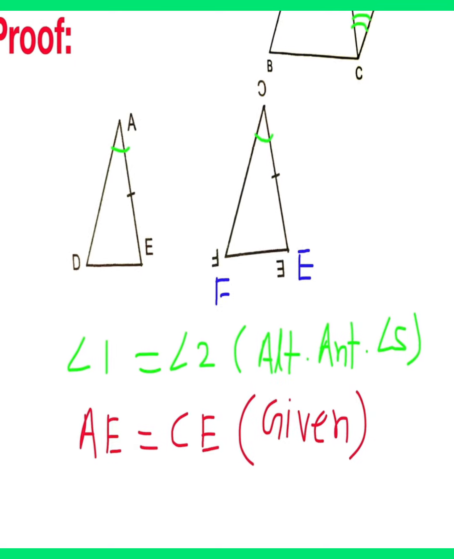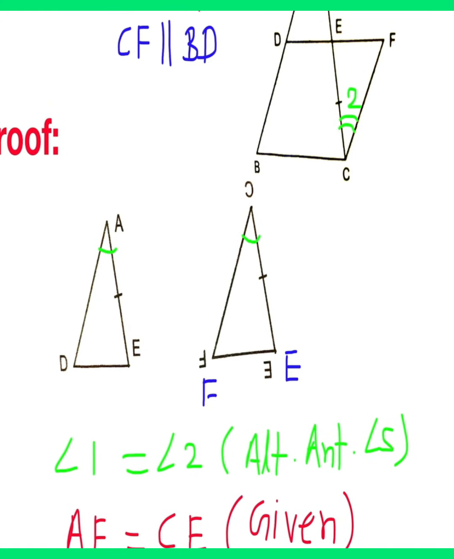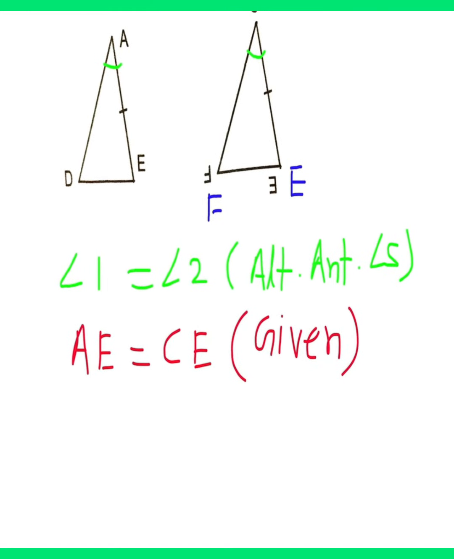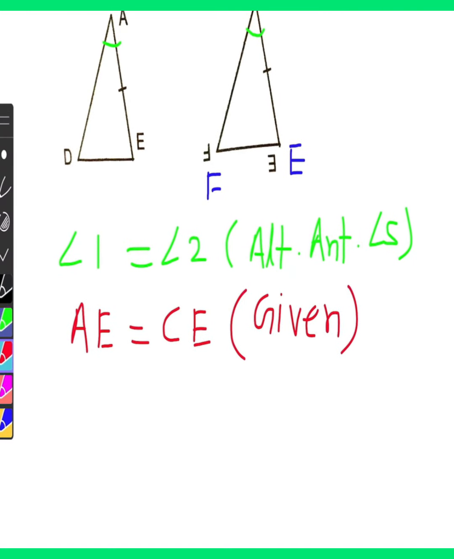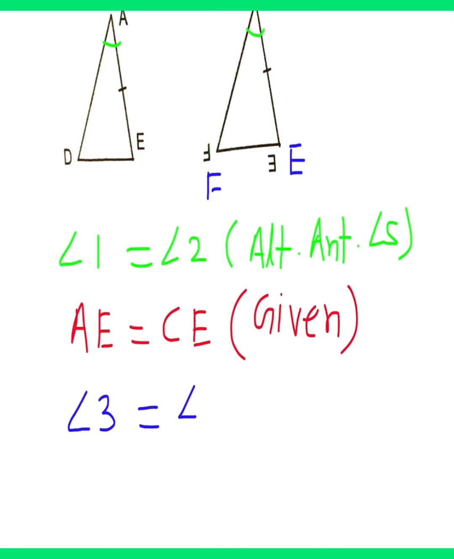After that, in the next step, you can see that these two angles are vertically opposite angles. So you can write that this angle is named 3 and this angle 4. So these two angles are vertically opposite angles. So you can write here angle 3 equal to angle 4.